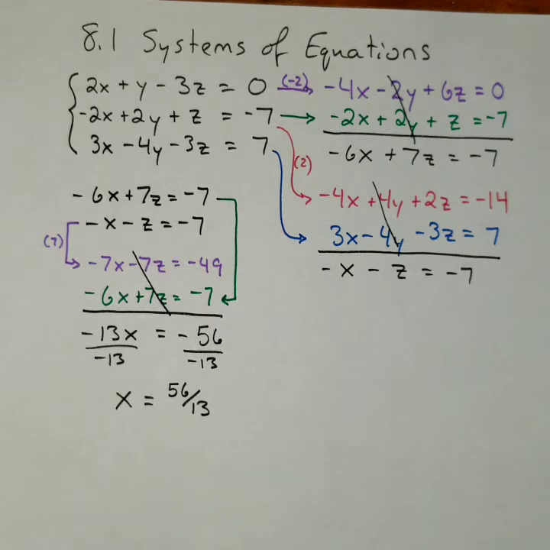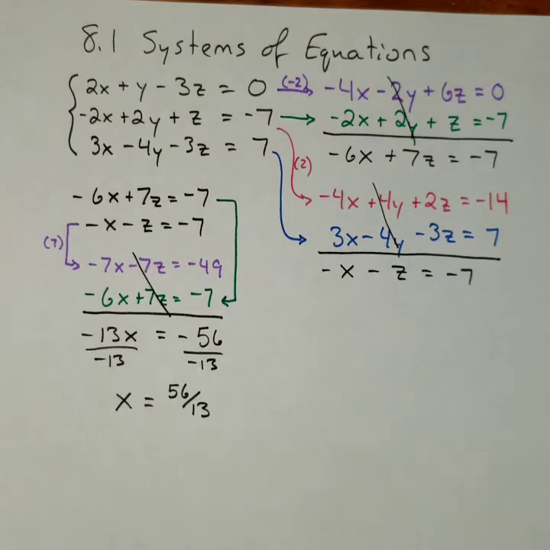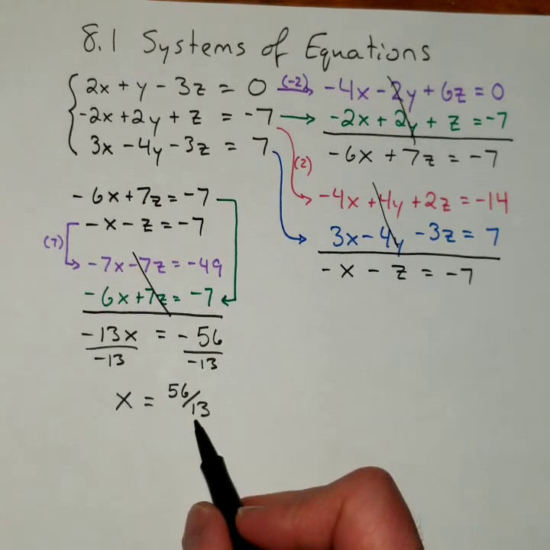I don't see anything wrong at the moment. So maybe that's legit. That one multiplying by 7. Okay, multiplying that by nothing. Alright, looks good to me. Let's go with it. So I got 56/13.